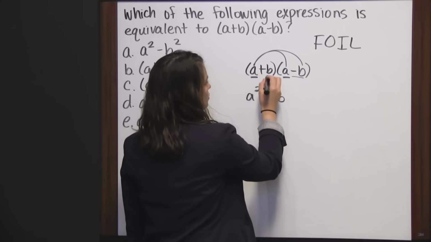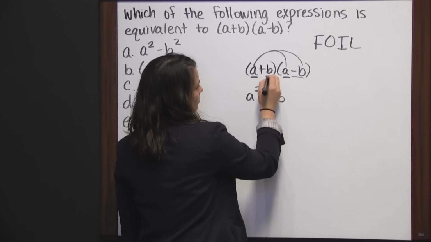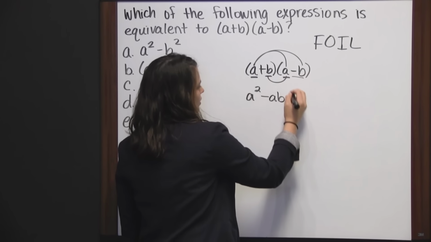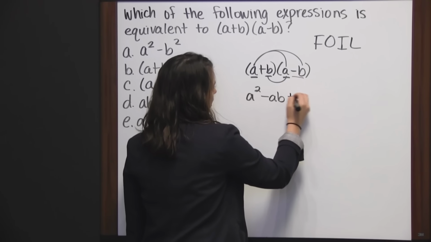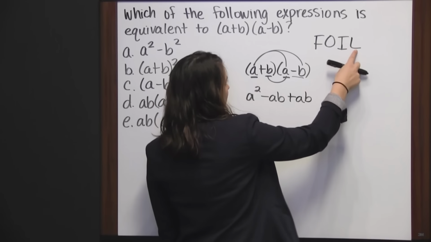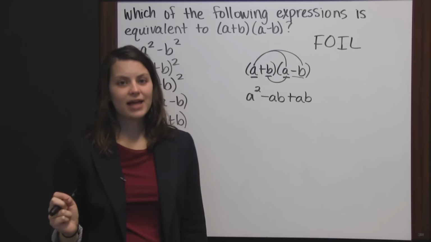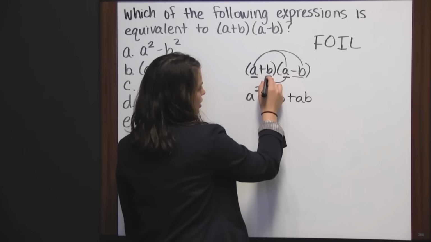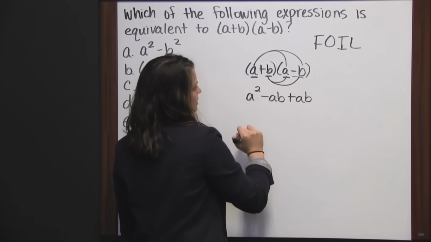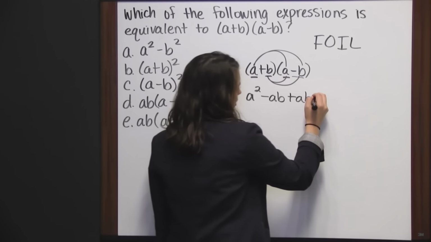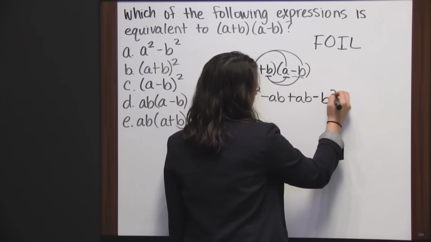So you multiply the two terms on the inside, B and A. B times A is BA or AB, so plus AB. And finally, the L stands for last. So you multiply the two terms that are in the last positions of each set of parentheses. Positive B times negative B is negative B squared.